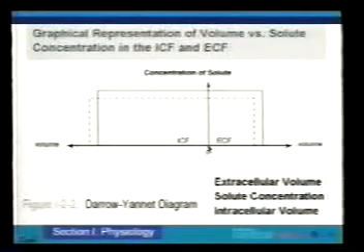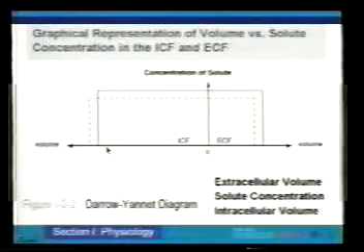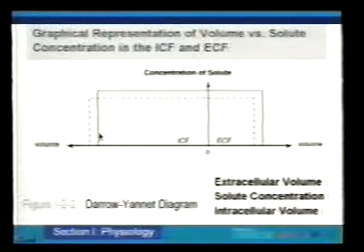Now the final variable is intracellular volume, and you go to the left of the origin. Now don't forget, 2/3 of your fluid is inside of cells, and therefore the line that bisects the x-axis here, designated intracellular volume, will be a larger volume than the extracellular fluid.